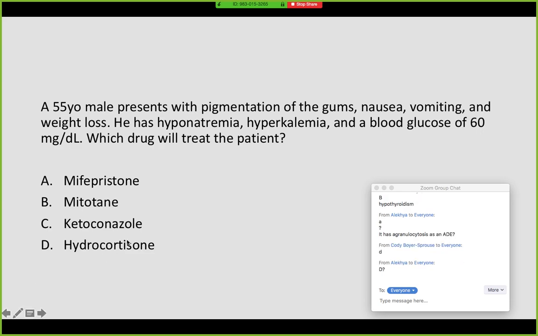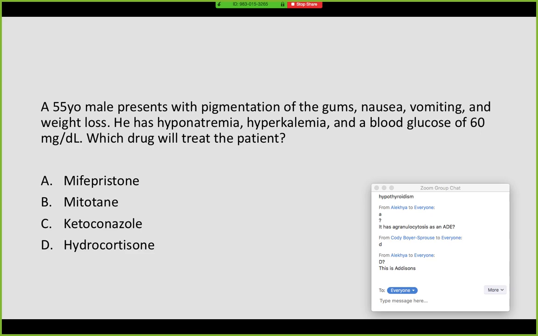Yeah, and why did you choose D? Right, it's describing Addison's disease. Yep. All right, we are done.